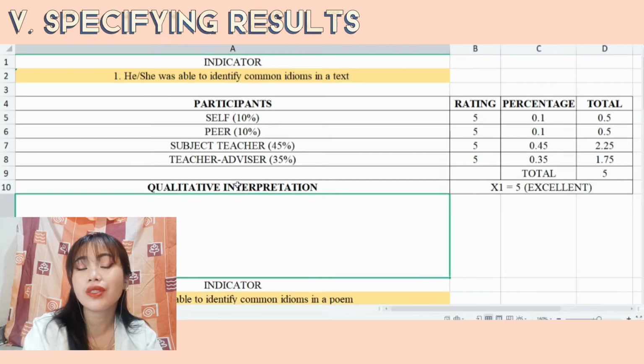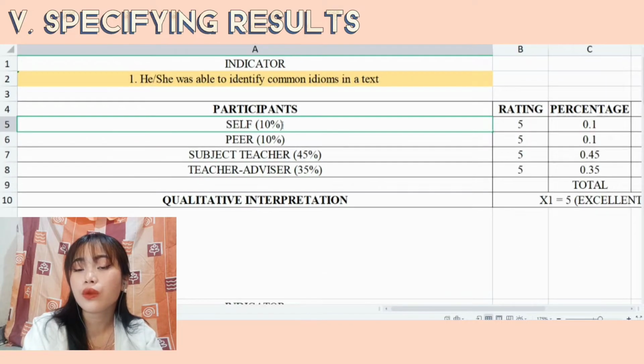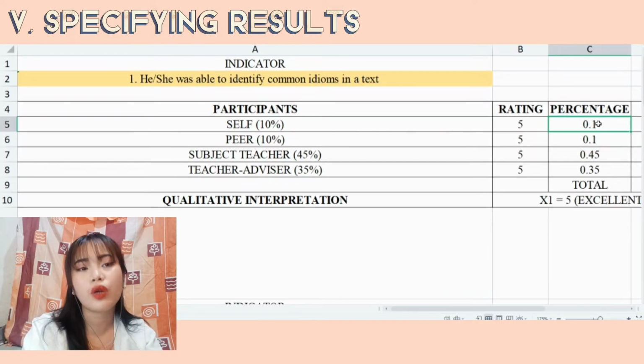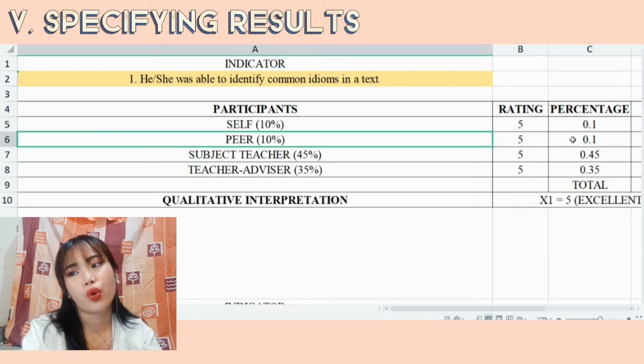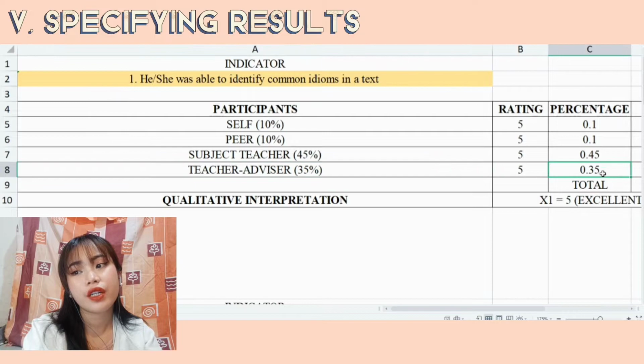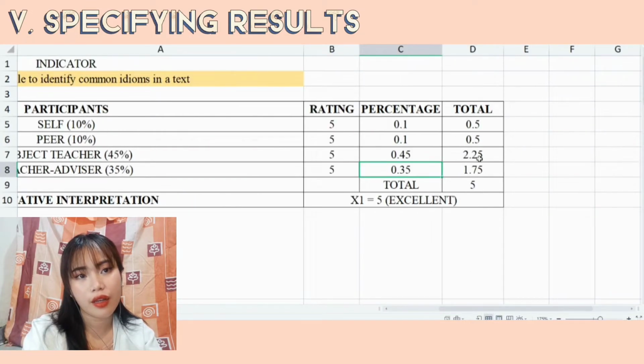Now the next column will contain the decimal equivalent of their percentage. So for example, what is the decimal equivalent of 10%? The decimal equivalent of 10% is 0.1. How about 10% again?